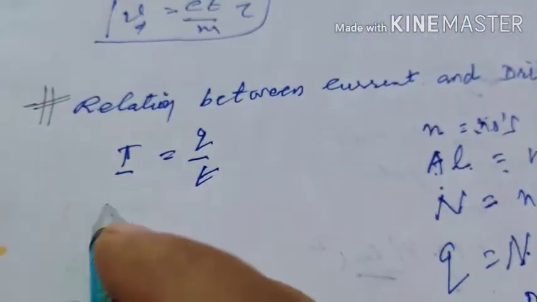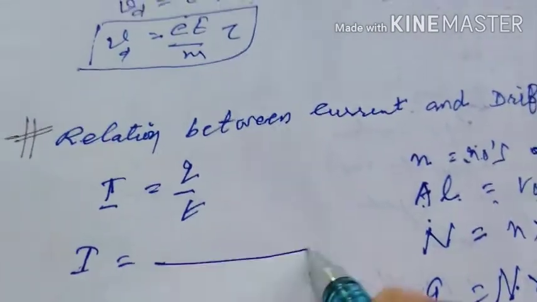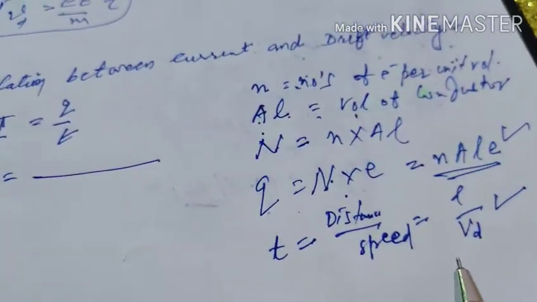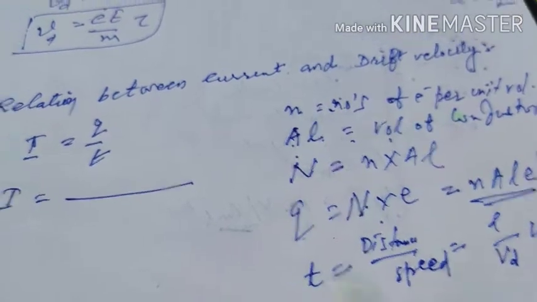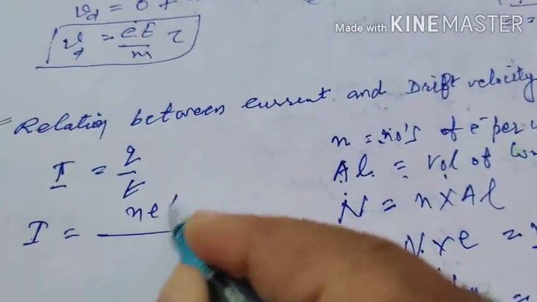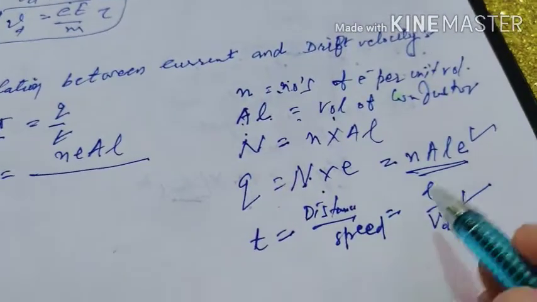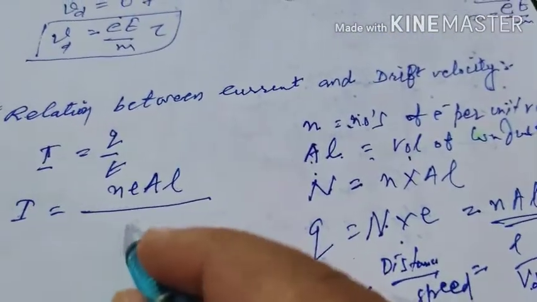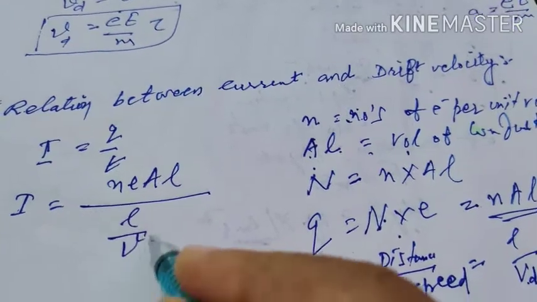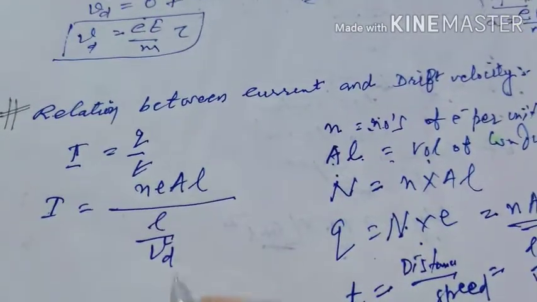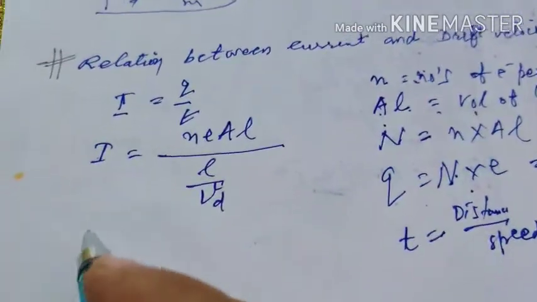So I is Q, that is nAL e, and for time L upon vd, so it is L upon vd. So vd will move in the numerator.